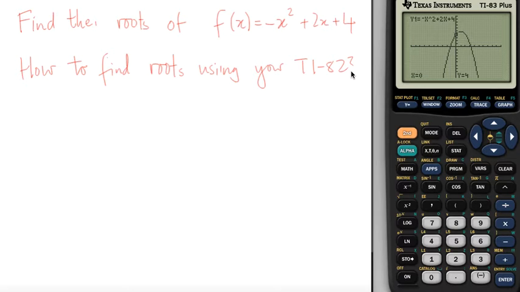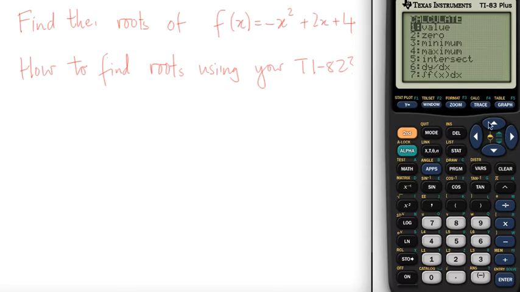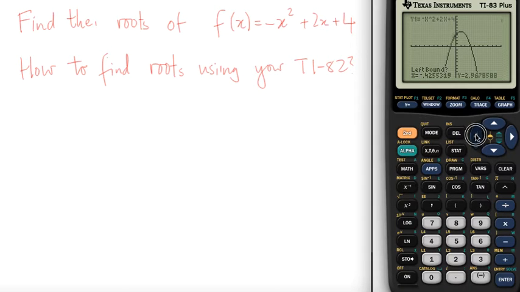Once we've got the graph, do you remember what keys to press? Okay, it's second calc again. Second calc, and we go down to 0 this time, option 2. Enter. Then you've got a few different questions to answer here.